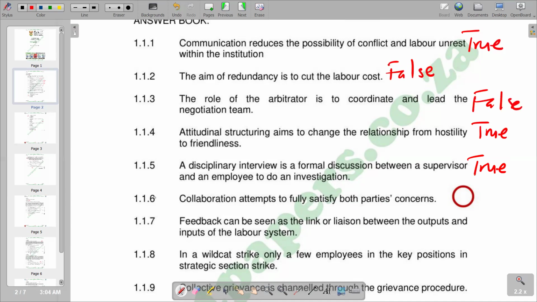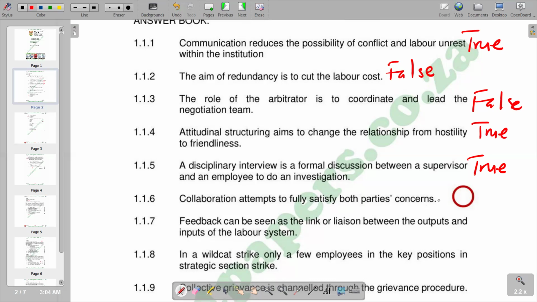Then number 6, collaboration attempts to fully satisfy both parties concerned. Collaboration is the process of two or more people working together. So it is basically similar to cooperation. So that makes our statement 6 true, as we are saying through the process of working together, we are going to see that it fully satisfies both parties' consent.